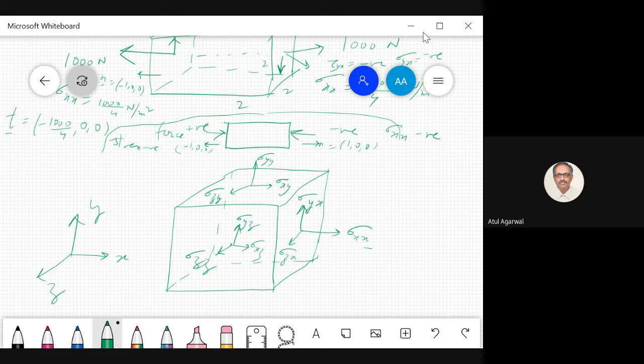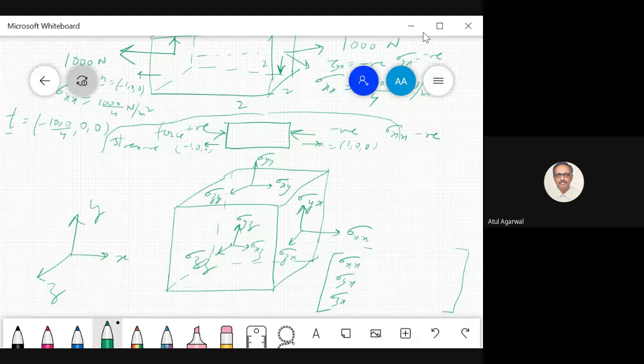So you have seen all kinds of stresses: sigma xx, sigma yx, sigma zx. Now I can write it in matrix form. Whatever has the rightmost index as x, I put in the first column. You see, the column index is always the same.